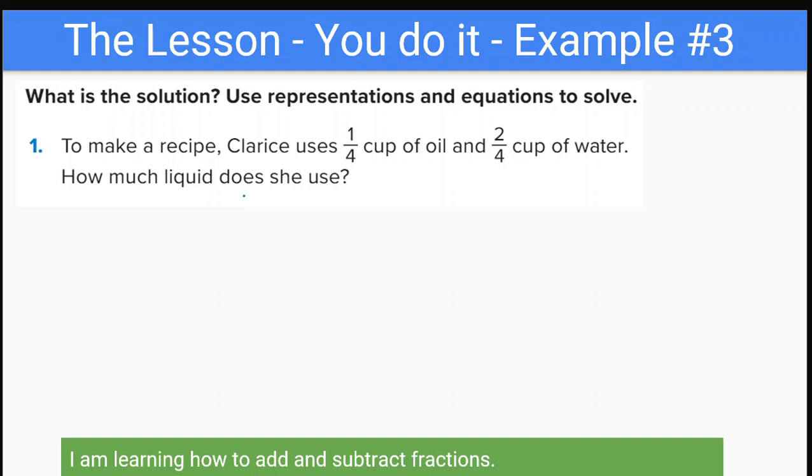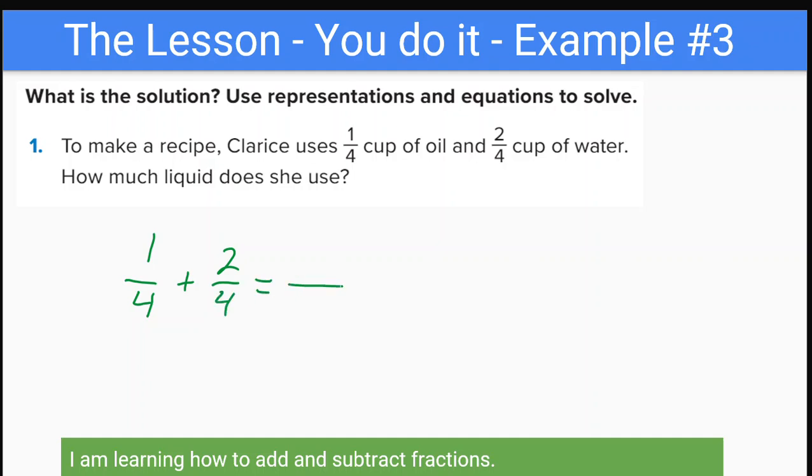So anyway, you're learning how to add and subtract fractions. All right, to make a recipe, Clarice used 1/4 cup of oil and 2/4 cups of water. How much liquid does she use? Well, this looks like a single step problem this time. So 1/4 of a cup of oil plus 2/4 of a cup of water.